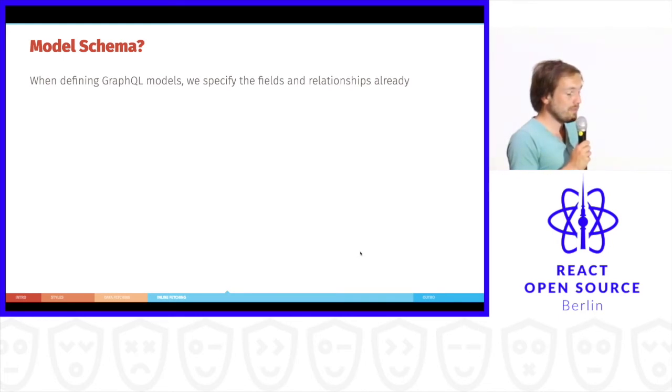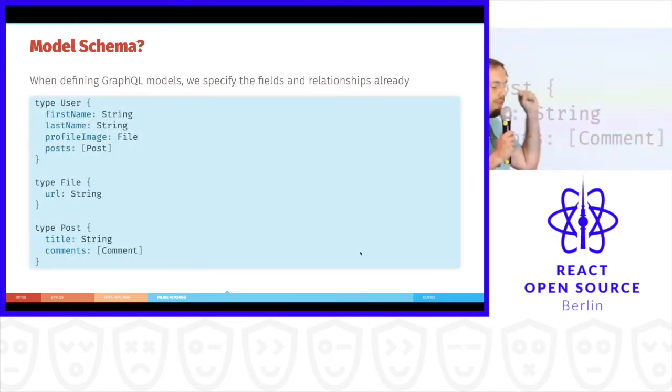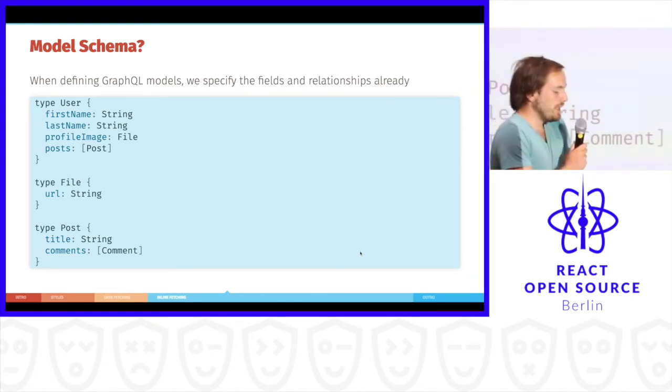So a model schema, if you're using GraphQL, you probably know already what that is. In order for GraphQL to work, you need to define the types or the models you're using. So in our example, we tell GraphQL that our user has a first name, a last name, has a profile image, which again refers to another type that we have defined, as well as posts, which is a list of posts.